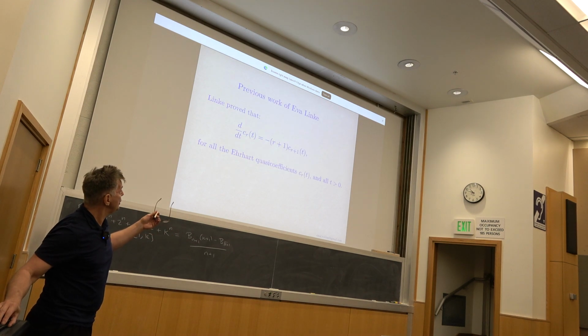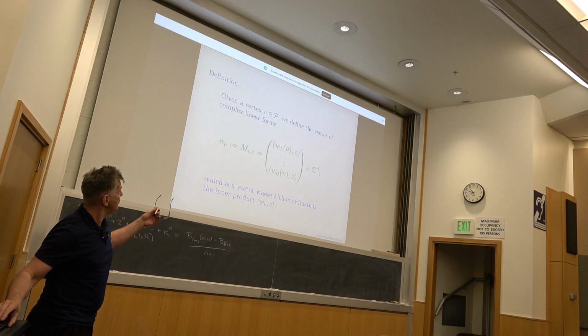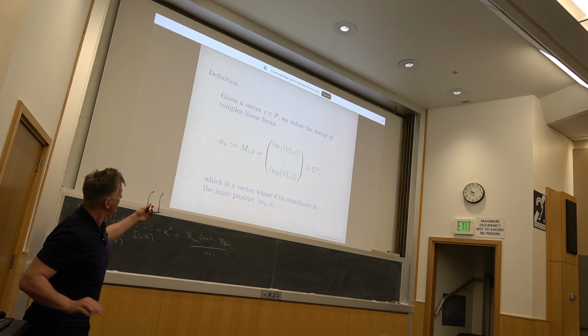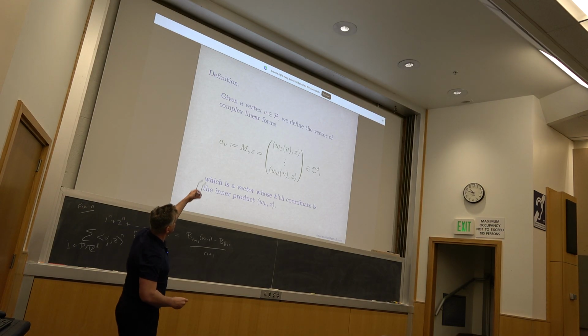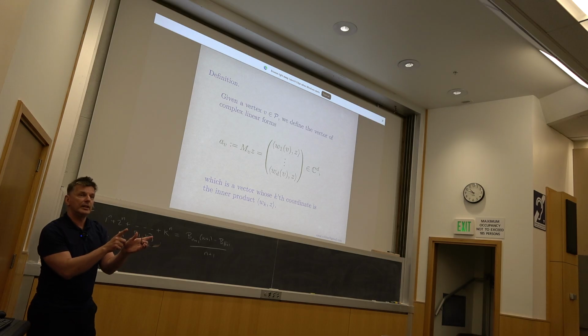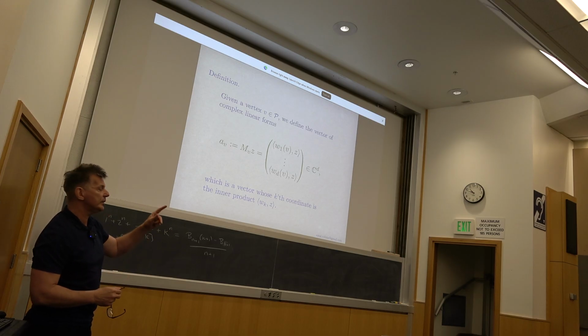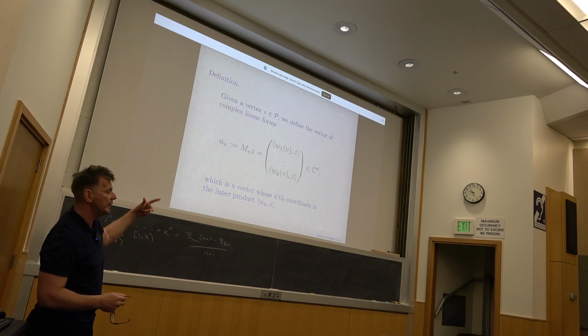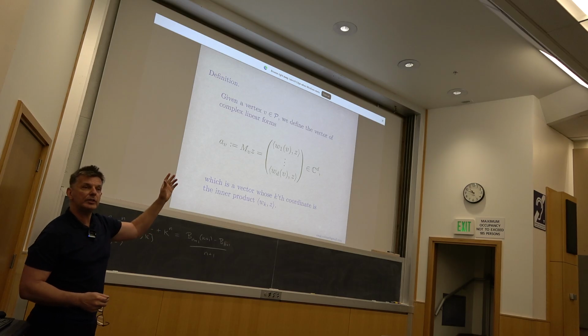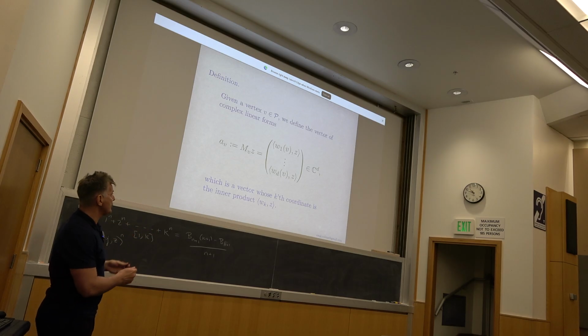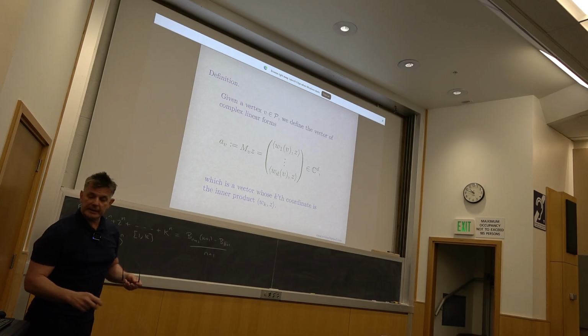So the definition of A sub v is the vector of linear forms defined by the edges at v. Every vertex has exactly d edges, w1 of v up to wd of v. You take an arbitrary complex vector z, take the projection along z, so the dot products, and that's A sub v.